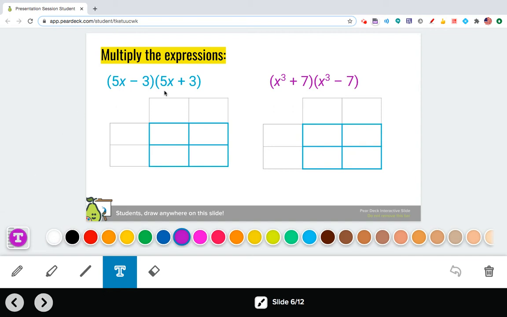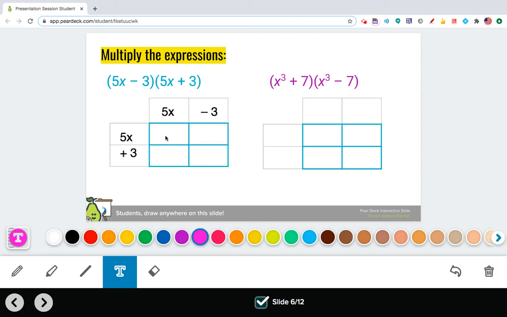Remember, to multiply binomials, what we would do is we would write the first binomial factor up top. We would write the second binomial factor along the side. And then what we would do is we would multiply the two parts together and write the product in here.